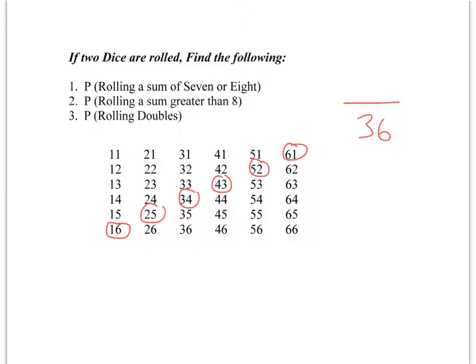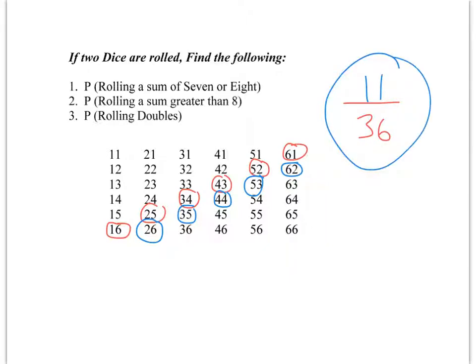And same problem, I could also roll an 8. There's 2 and a 6, 3 plus 5 is 8, 4 and 4 is 8, 5 and 3 is 8, 6 and 2 is 8. There's 5 different ways of rolling an 8. So there's 6 ways of rolling a 7, 5 ways of rolling an 8. That's 11 different ways that I can roll a 7 or an 8. So I have 11 out of 36 chances of rolling a 7 or an 8.